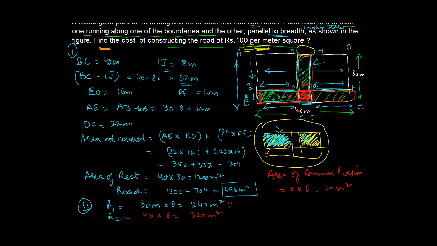Right? Hence, total area of road is equal to 240 plus 320 minus 64. 560 minus 64 gives you 496 meter square, which is nothing but the same which we got here.